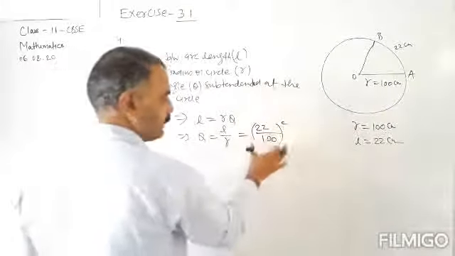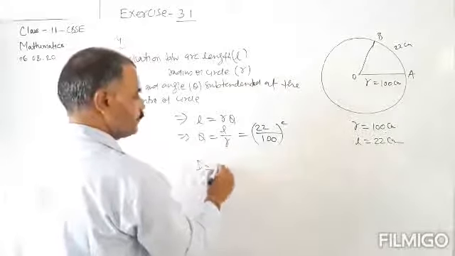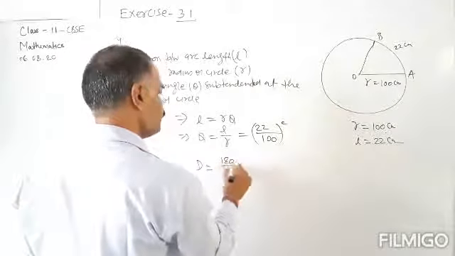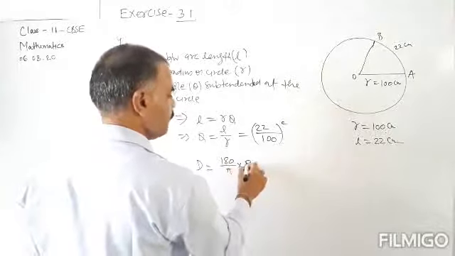Degree is equal to 180 upon pi multiplied by the radian measure.